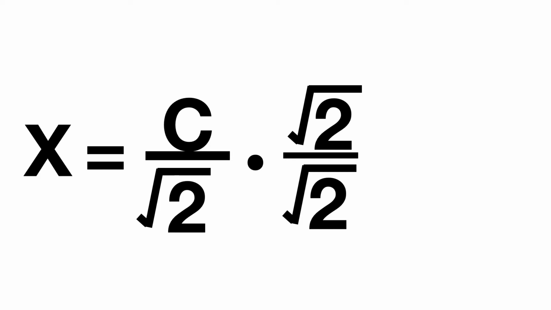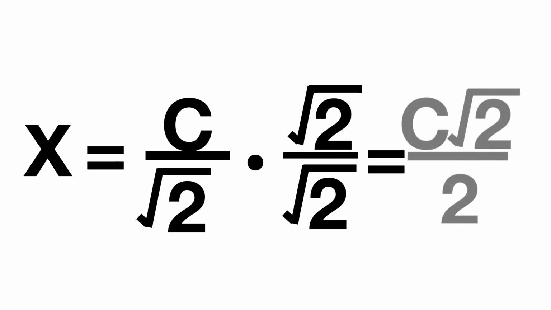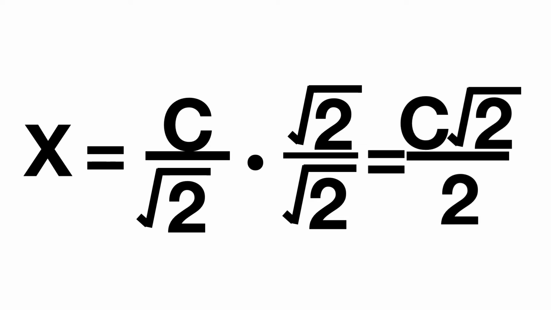So if we do that, we just multiply the top and the bottom. The top becomes c times square root of 2, c square root of 2, and the bottom becomes square root of 2 times square root of 2, which is 2, right? Okay, so we get this. Now what we have is this equation.